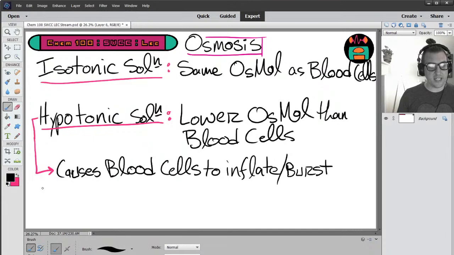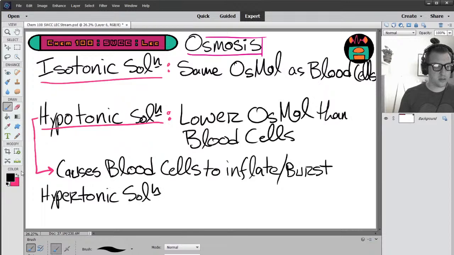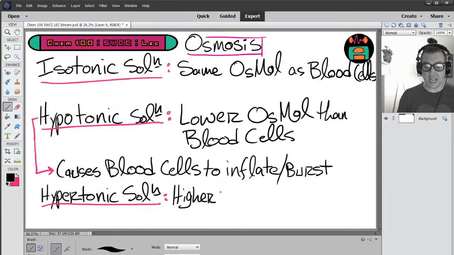All right, and then finally the last type of solution is called a hypertonic solution, which is a solution with a higher osmolarity than blood cells.